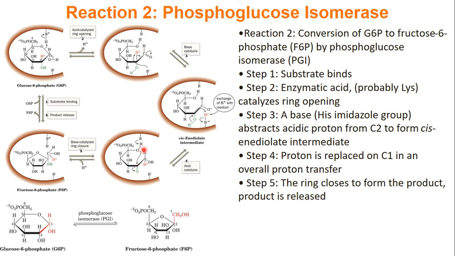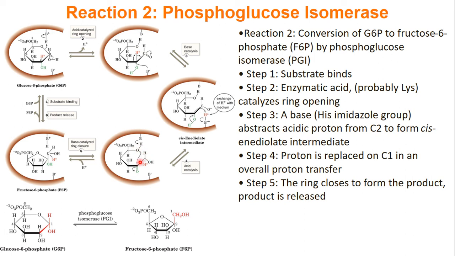Now, if you go back to our discussions on sugars, we saw that during the cyclization of sugars, you have an alcohol group attack a carbonyl carbon group. And that's what's happening now. We have base catalyzed ring closure. This OH that we formed all the way back in step 2, the base of your enzyme is going to retake its hydrogen.